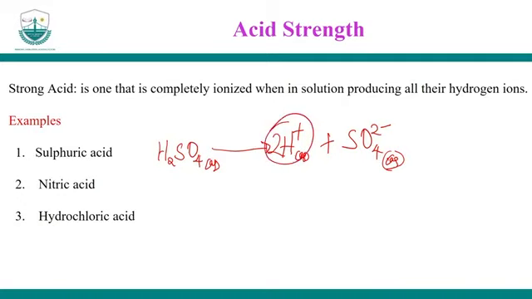You have sulfuric acid giving you all the hydrogen ions. And then you also have nitric acid. When it ionizes completely, it forms hydrogen ions plus the nitrate ions.